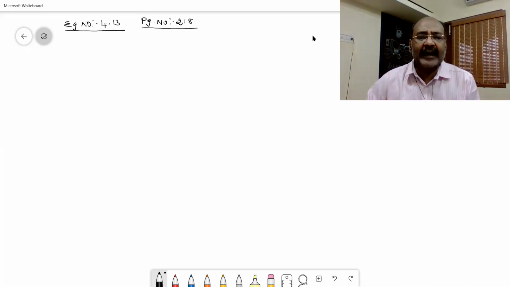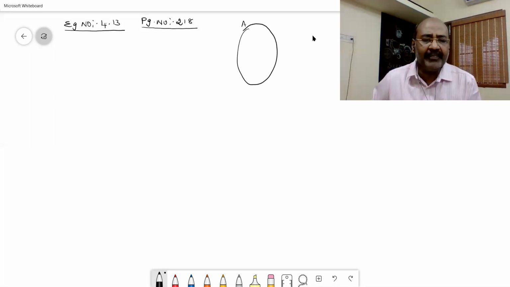So let us draw the diagram here. One of the coils I am taking as A, and the other I am considering as B. Both are in the same plane, having the same axis. What is given?